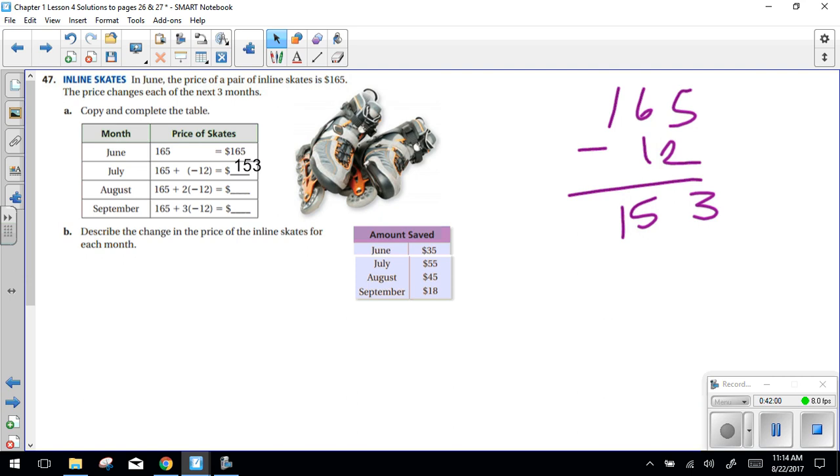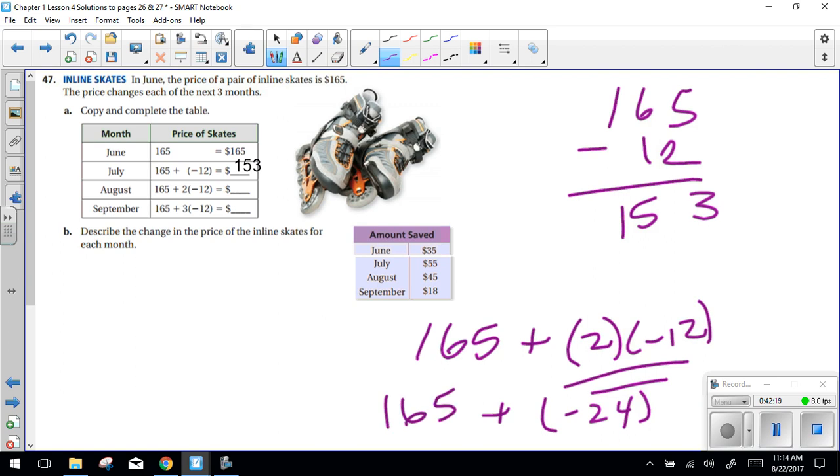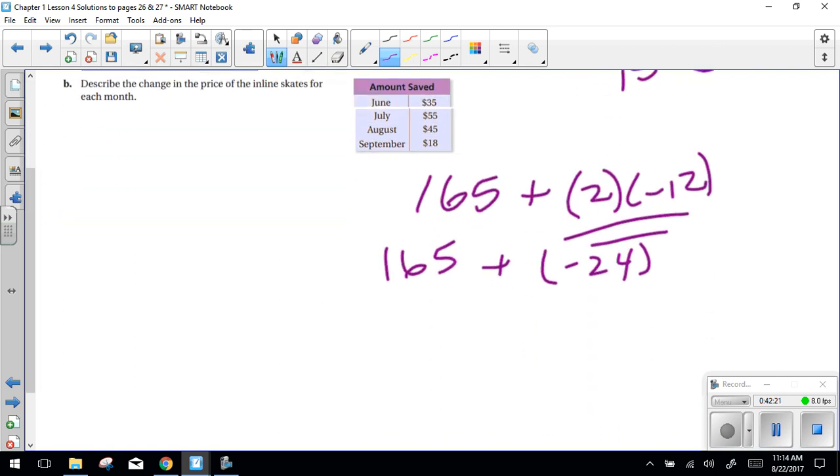Okay, and then in August, it's 165 plus 2 times negative 12. So we're going to take 165 plus 2 times negative 12. So we're going to multiply first, which is negative 24 plus 165. So what we'll do here is subtract these two since the signs are different.